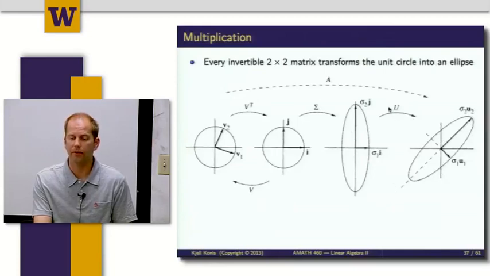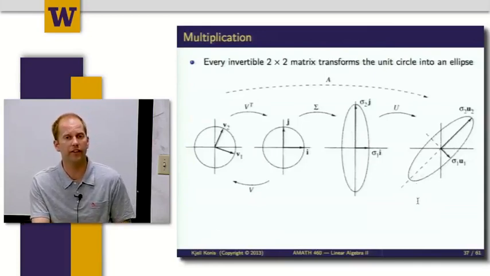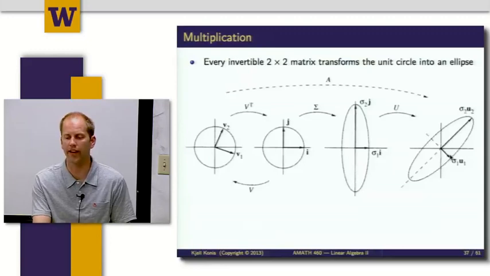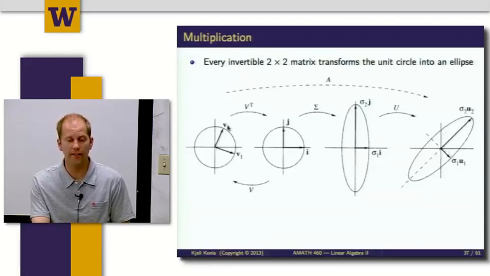And then finally, when I multiply by U, it's going to rotate that, because an orthogonal matrix, you can think of it as a rotation, so it's going to rotate that back. And so what I end up with are A times V2 ends up becoming this vector here, and A times V1 ends up becoming this vector here.